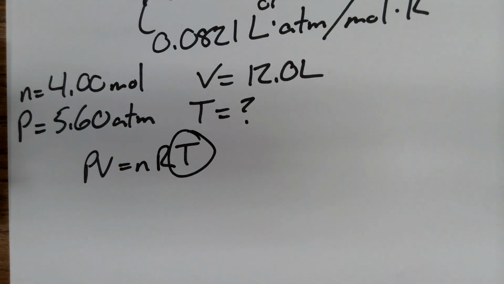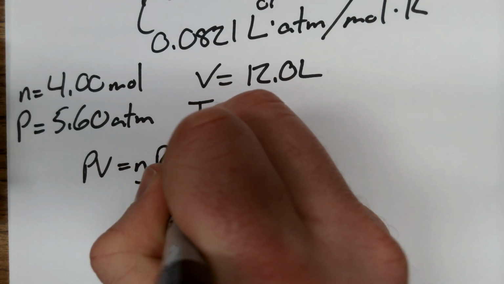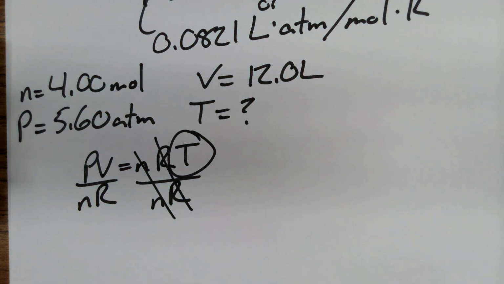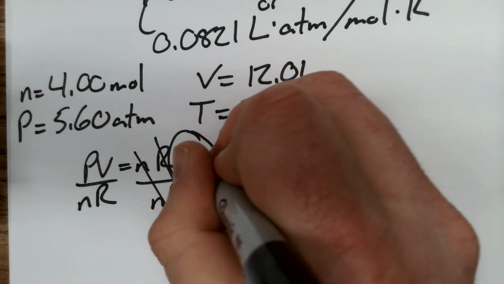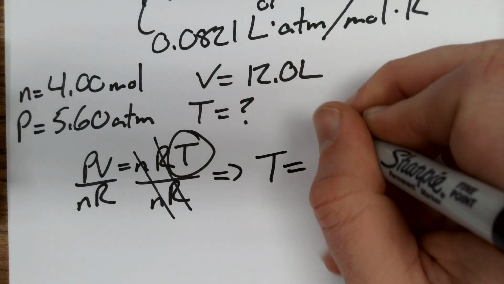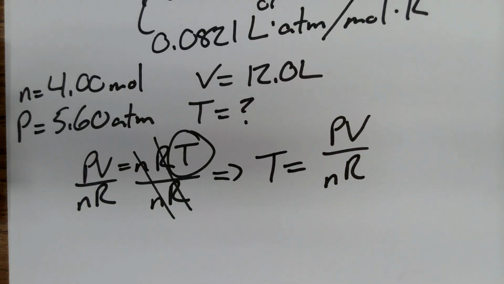How do I isolate the temperature? Divide both sides by nR. Because N and R are on the same side, they cancel out. Therefore, my modified equation is T equals PV divided by N times R. So now I have all the tools I need to succeed.